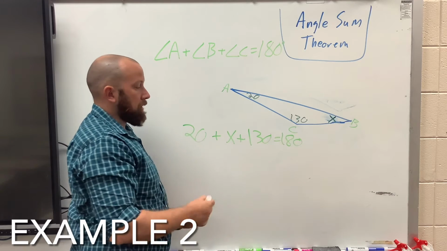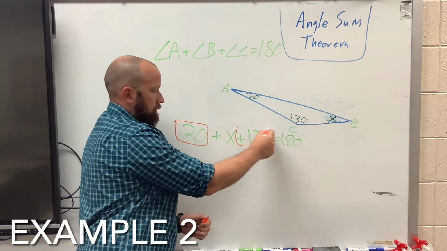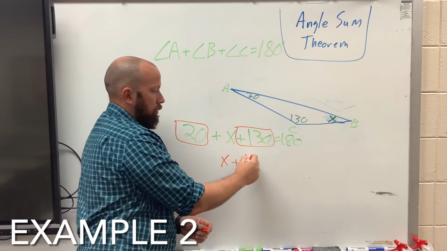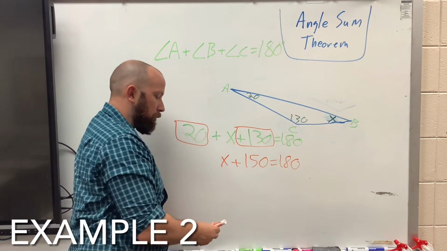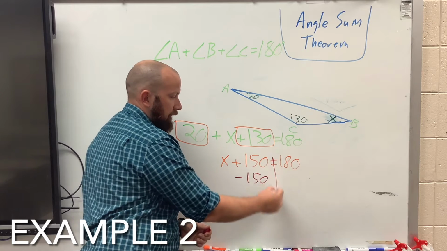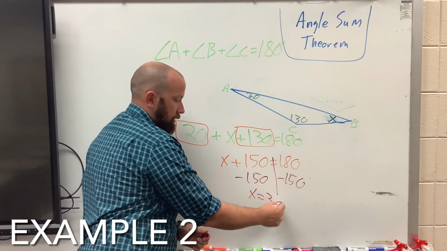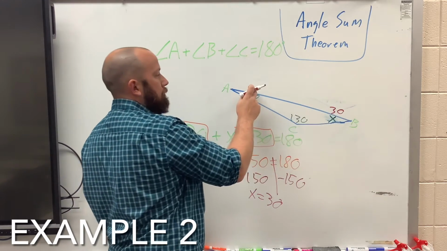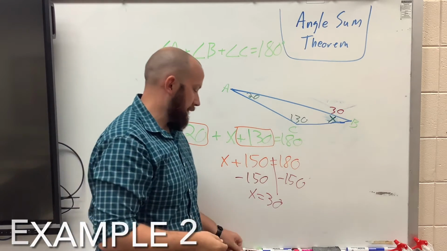The first thing I do is combine my like terms, so 20 plus 130 is 150. Now it's a two-step equation, so I can solve. Subtract 150, subtract 150, X equals 30. Some quick math, 30 plus 20 is 50, plus 130 is 180.